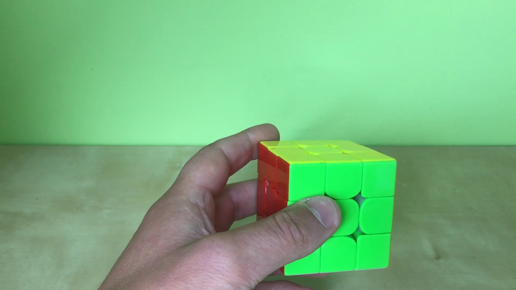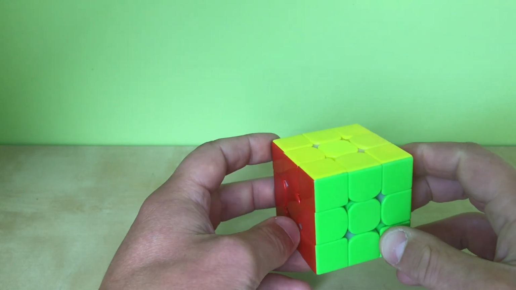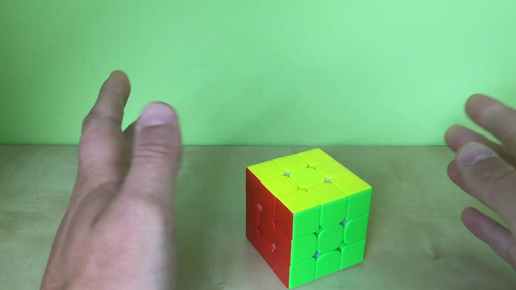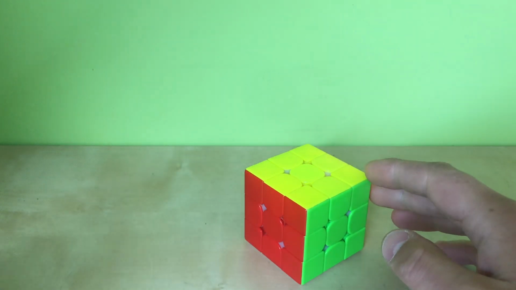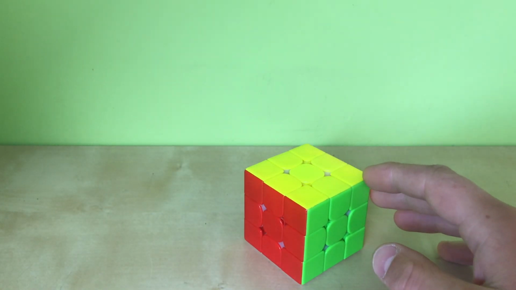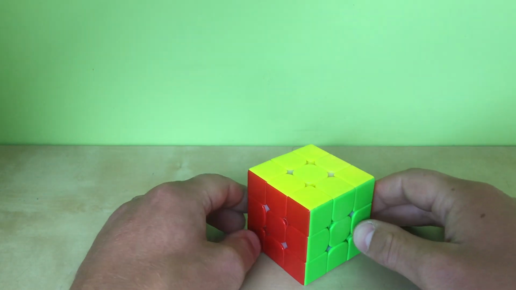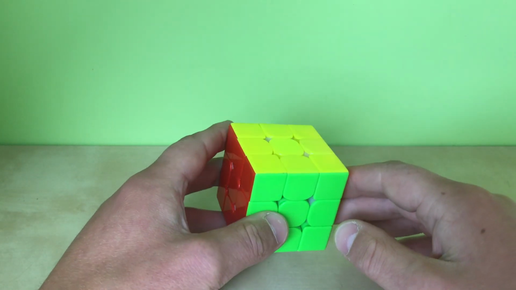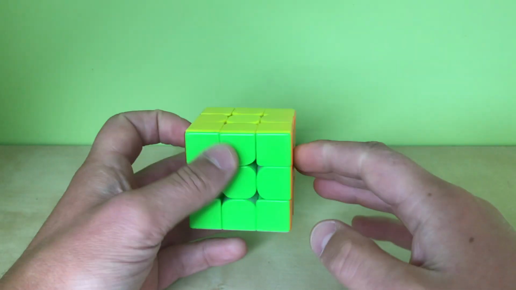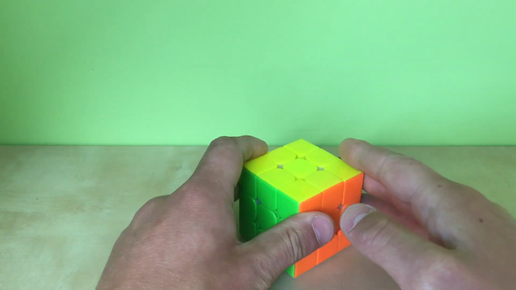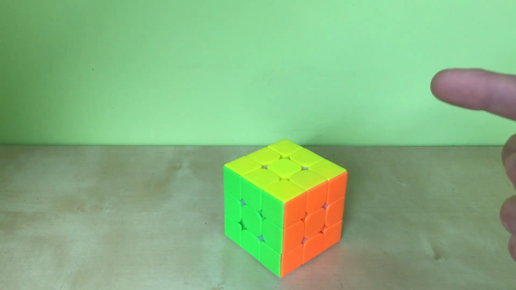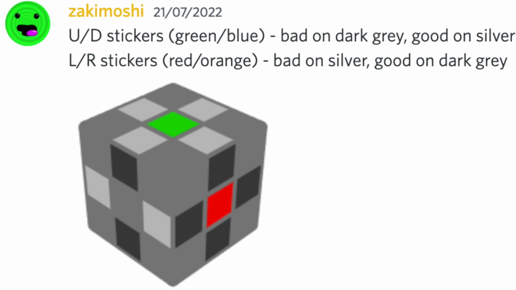But it's also important that you're good at recognising EO, and there are different ways to recognise EO, but ultimately they all boil down to the same thing. But Zaki again, his way of recognising EO is probably a bit easier for colour neutral solvers. So I'm going to put a diagram on the screen now, pause the video, stare at it, see what it's saying.